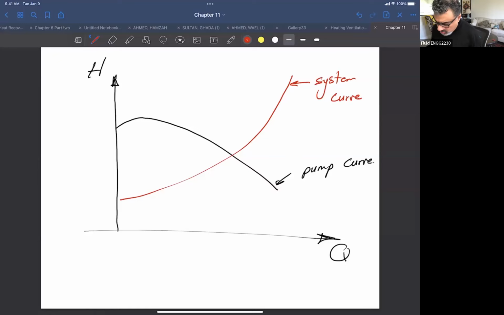Okay, so if this pump is put on this system, where is the flow rate that you're going to see running inside this system? The intersection, right? So this point here will be the operating point.